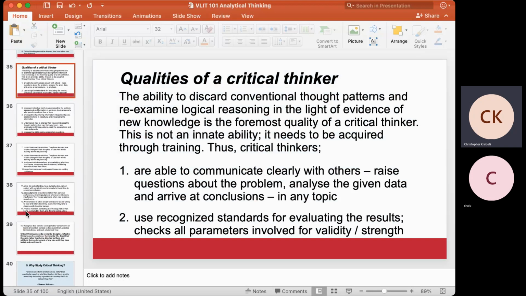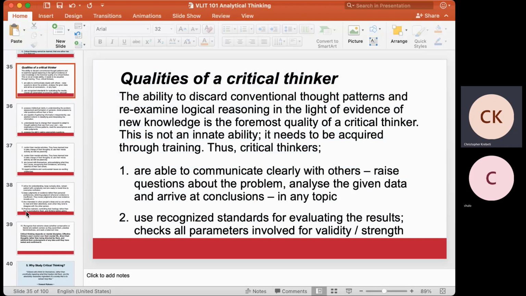Critical thinkers are able to think from one context and transfer those skills to another context. So you don't need to understand a particular subject sufficiently before you are able to make contribution to it.